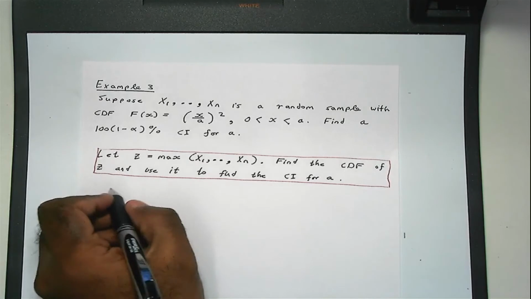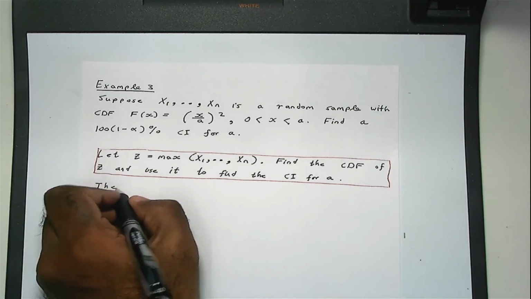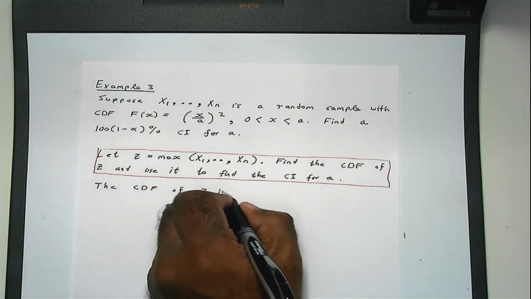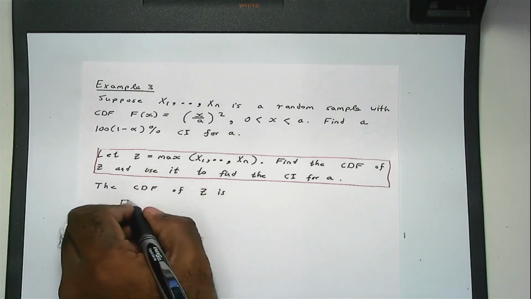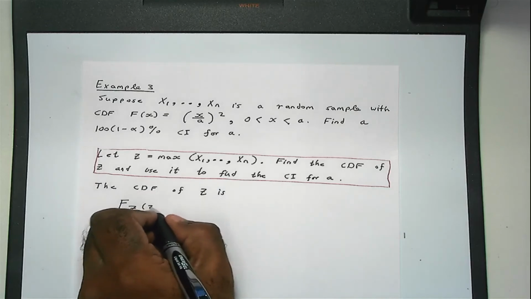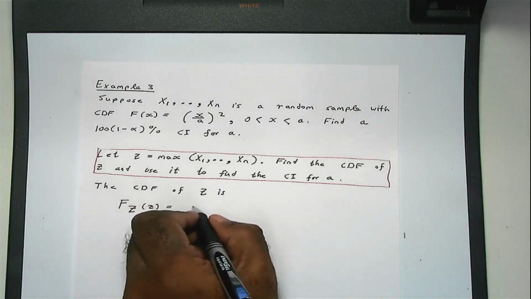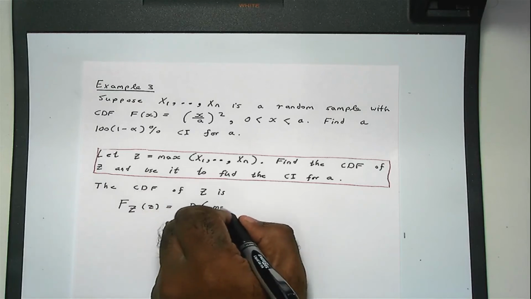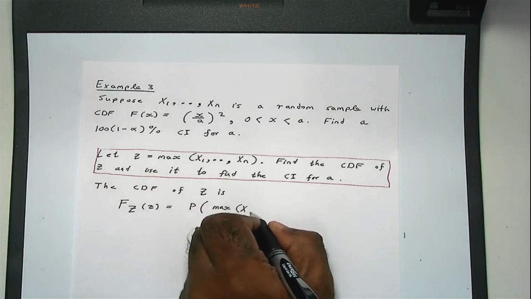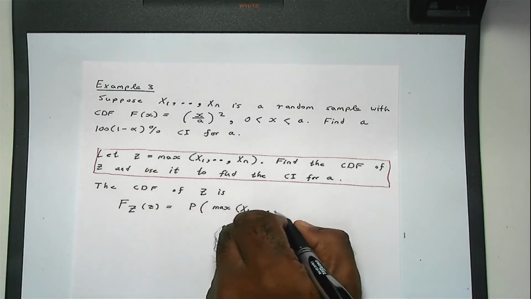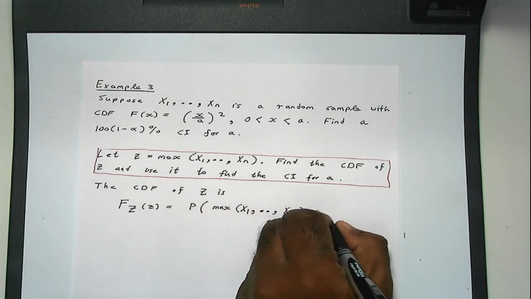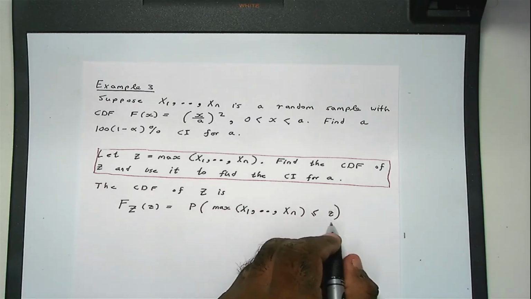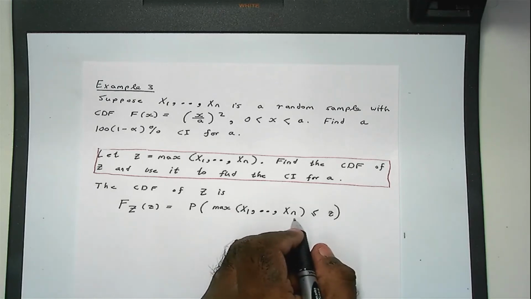The CDF is the probability that the maximum is less than or equal to a fixed number z. If the maximum is less than or equal to a fixed number, then each element within the maximum has to be less than or equal to that.